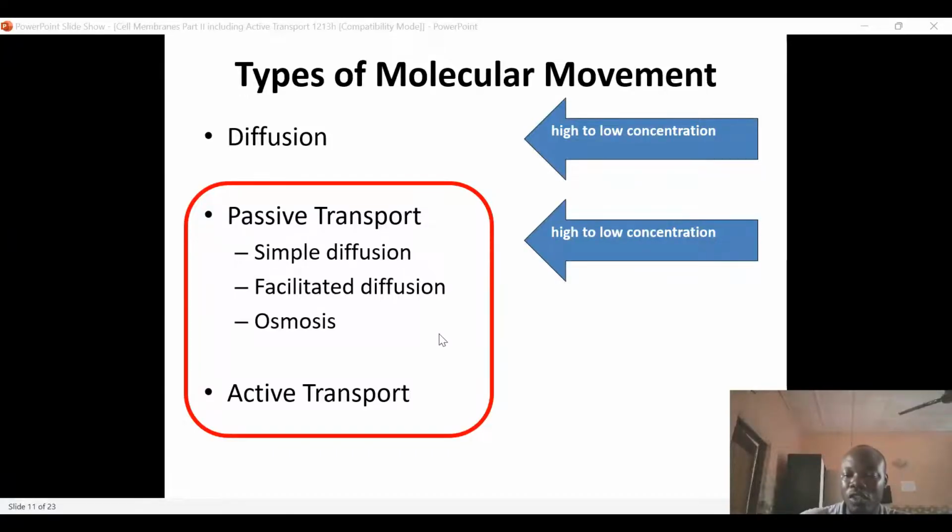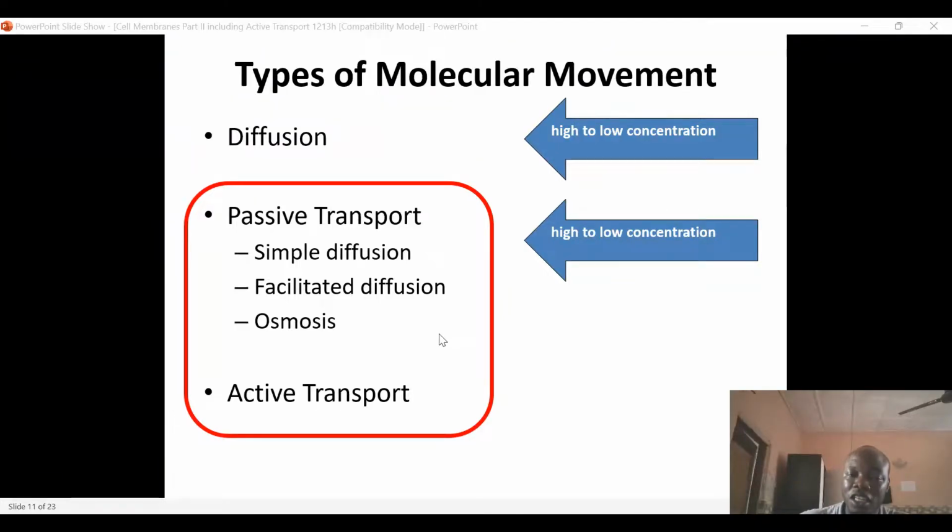That is why the drugs are synthesized in the form of lipophilic molecules. Simple diffusion doesn't require any energy or the help of biomolecules.